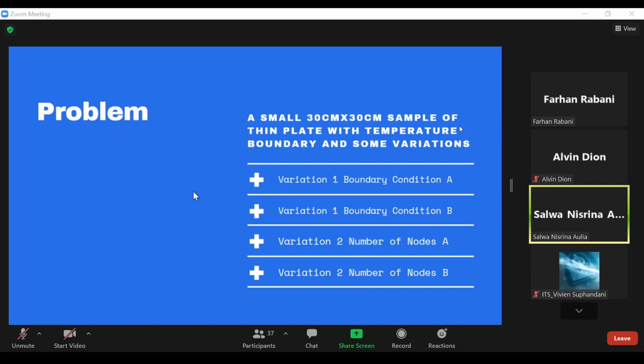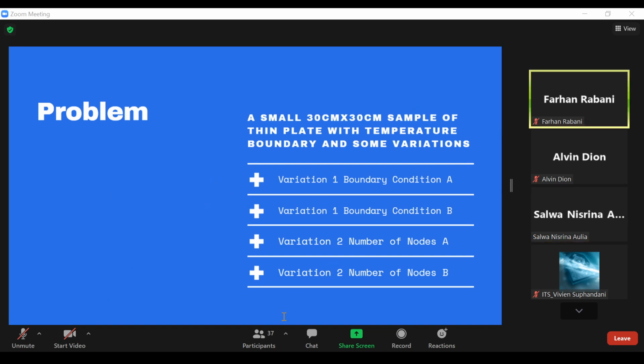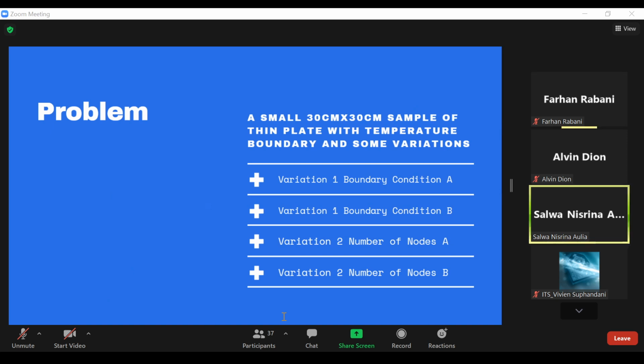Okay, this is our problem. There is a small 3 centimeter by 3 centimeter sample of thin plate with temperature boundaries and some variation. Here, we use 2 variations. The first is boundary condition, and the second is number of nodes.